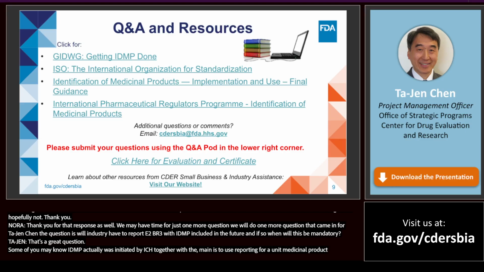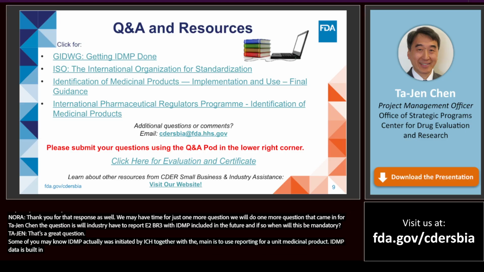So E2B has IDMP data elements built in. Those are now optional data elements. So when IDMP is available, ICH E2B will issue guidance and advise reporters how to use IDMP, like MPID, substance ID, and PhPID in the ICSR report.